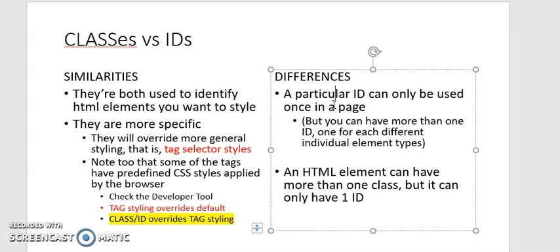Or to say it differently, an HTML element can have more than one class, but it can only have one ID. So in the case of ID selectors, one element, one ID.